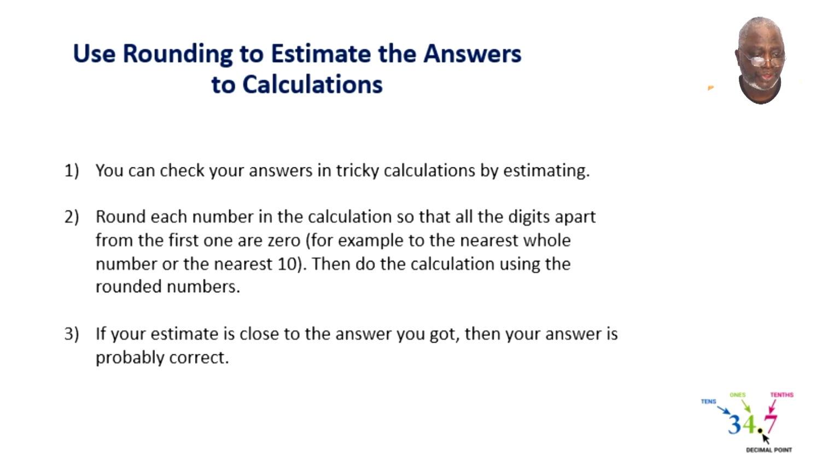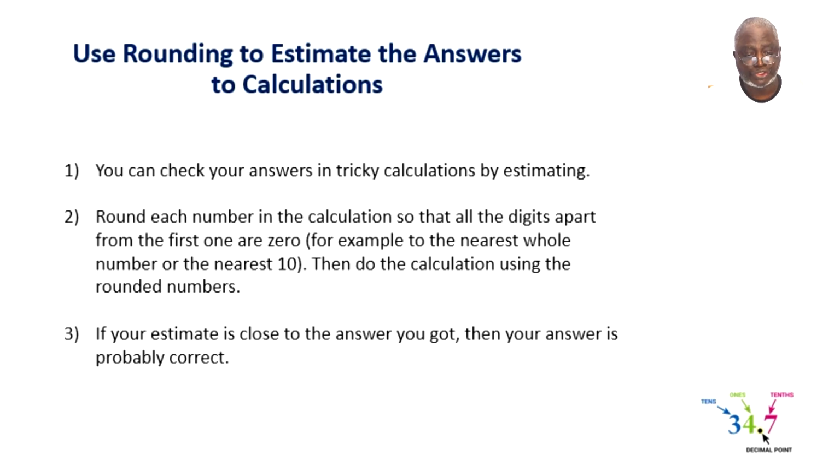To do this, round each number in the calculation so that all the digits, apart from the first one, are 0, for example, to the nearest whole number or the nearest 10. Then do the calculations using the rounded numbers. If your estimate is close to the answer you get, then your answer is probably correct.